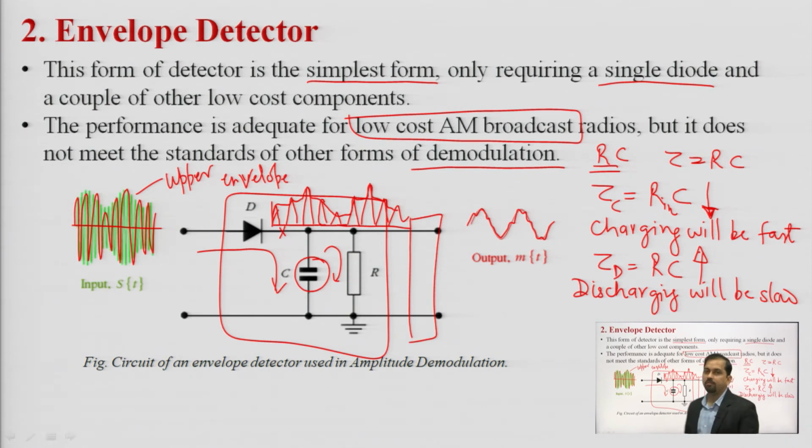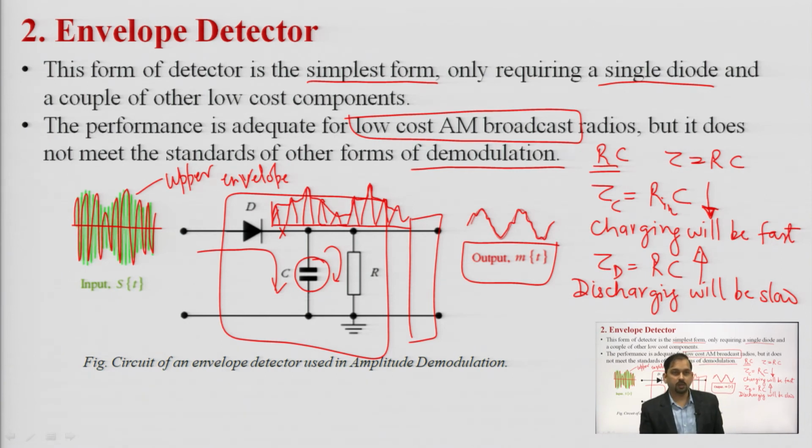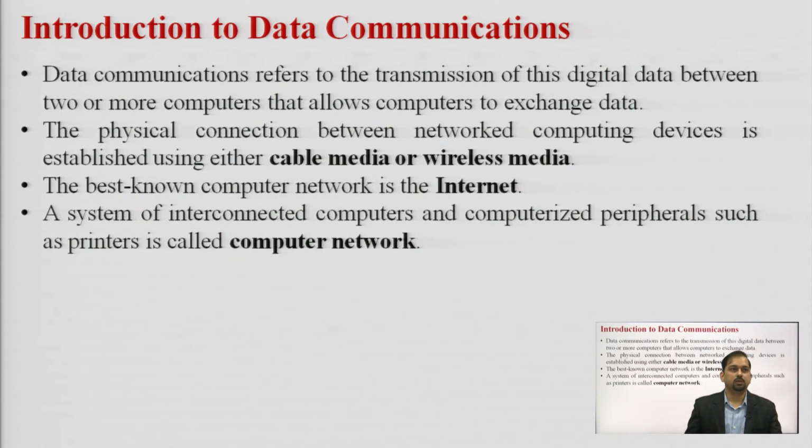We can put one more circuit, a filter, so that the waveform becomes smooth. At last we can say that we are able to achieve our message signal m(t). This is the envelope detection technique, and this kind of circuit is known as the envelope detector circuit, which consists of a diode, a capacitor and a resistor.